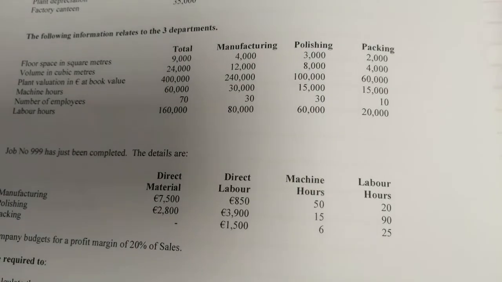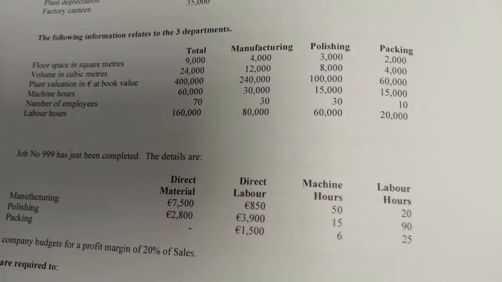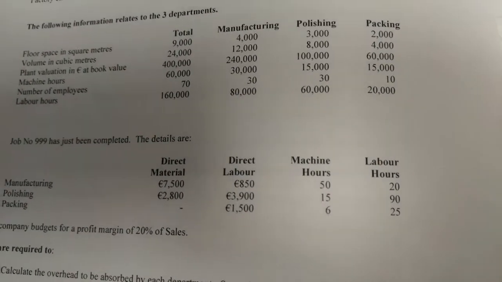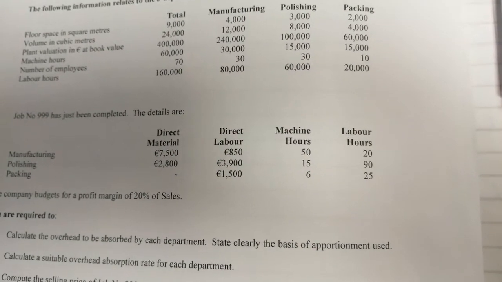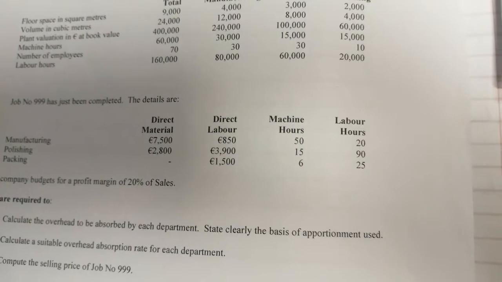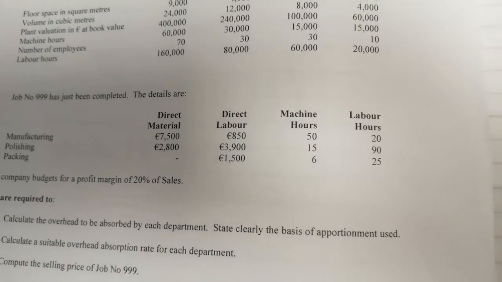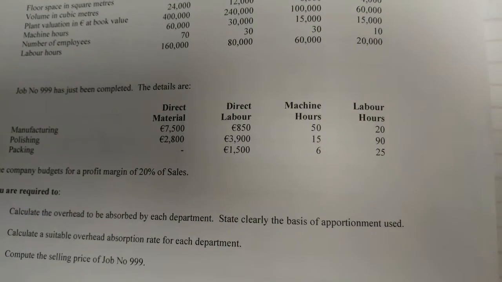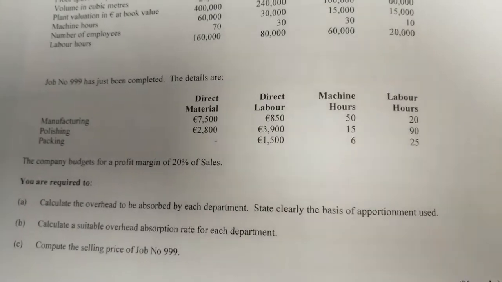If there tends to be more labor hours, use a labor hour rate. But I also mentioned that in the exam papers, the solution you see may not be using that rule, but I want you to continue to use that rule anyway, because it is correct and you will always get full marks using that rule. And I'll explain when I'm back why the Department of Education or the SEC chooses to ignore the rule sometimes.